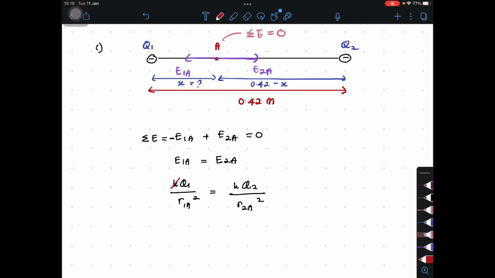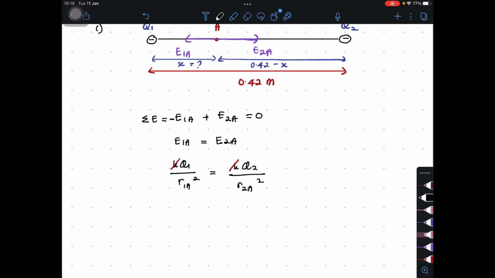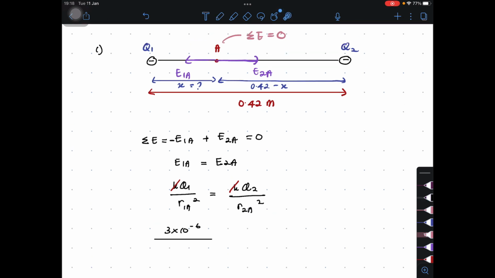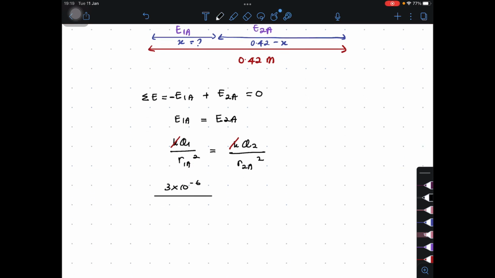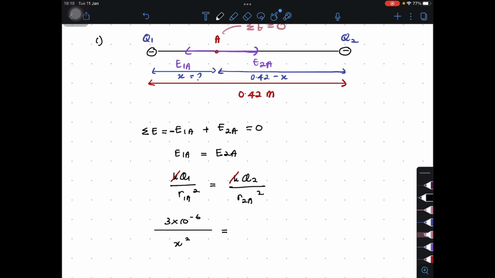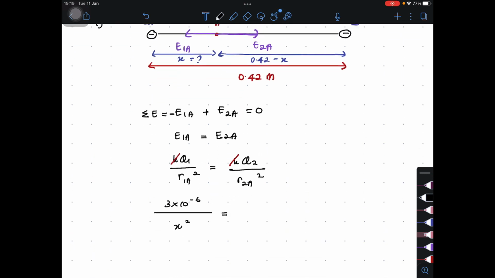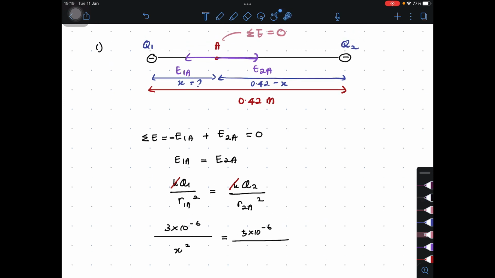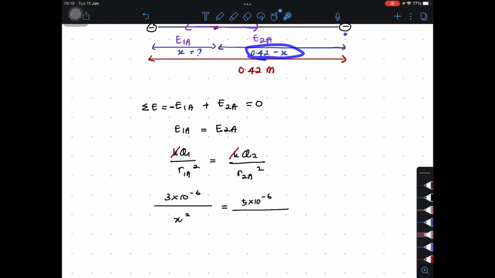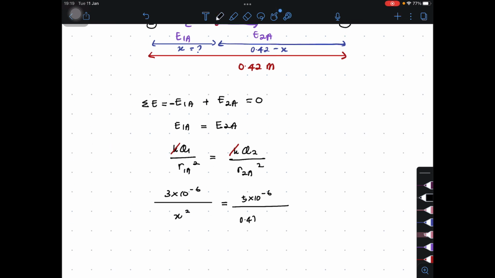K you can cancel because it's the same value. Then substitute Q1 is 3 microcoulomb divided by R1A, from charge 1 to point A, which is x, and Q2 is 5 microcoulomb divided by the distance from A to Q2, which is 0.42 minus x. And don't forget the square. Then you just solve the mathematics here.